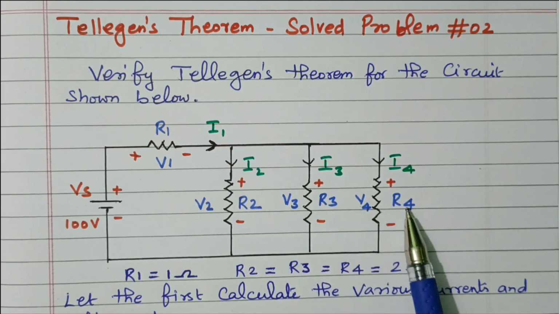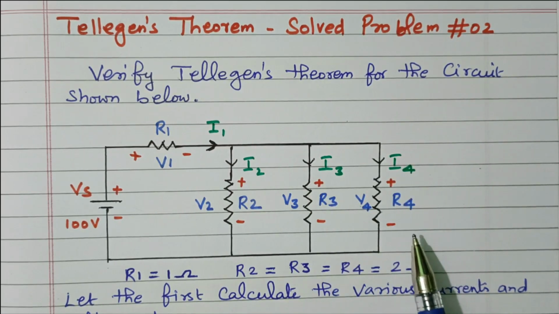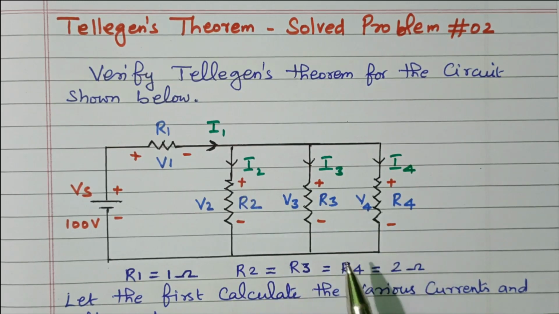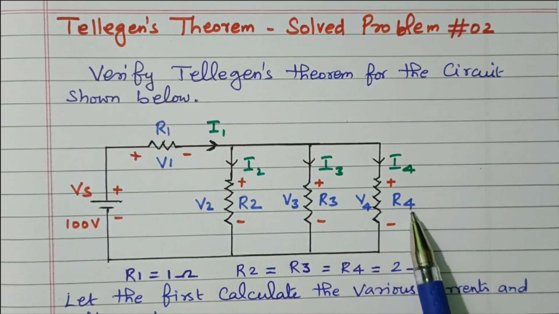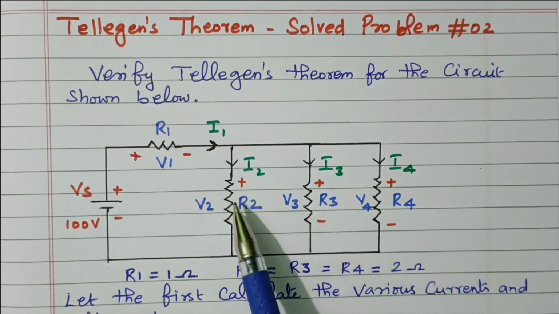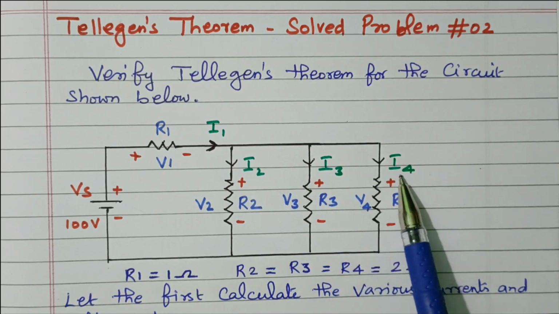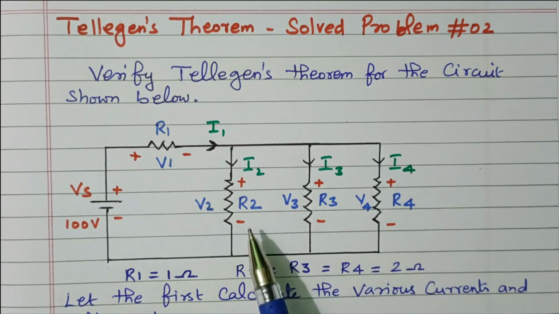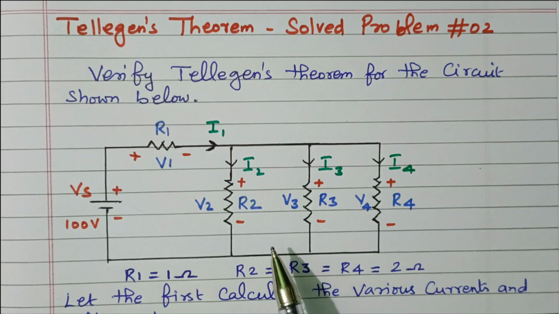The voltage drop across R2, R3, R4 is equal because they are connected in parallel and their values are equal. Similarly, the current flowing through R2, R3, R4 is also equal because of the same resistor value. That is, I2 equals I3 equals I4, and V2 equals V3 equals V4.